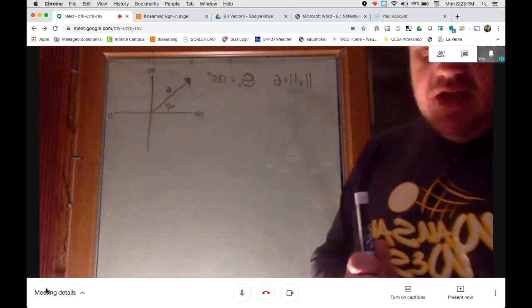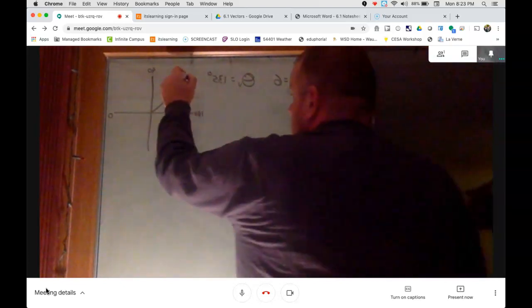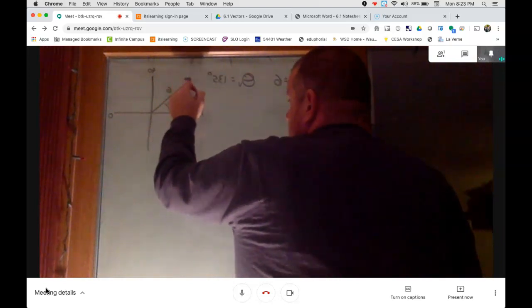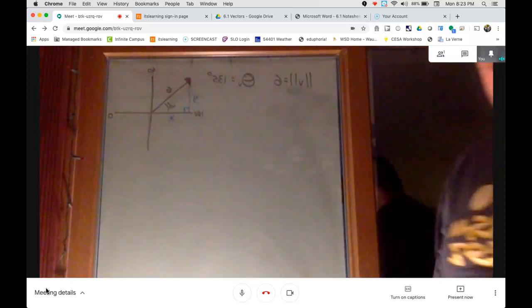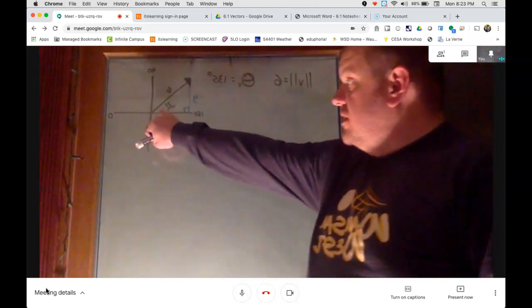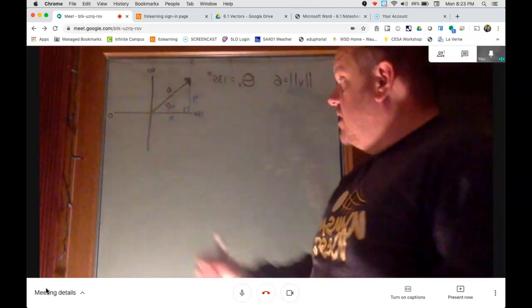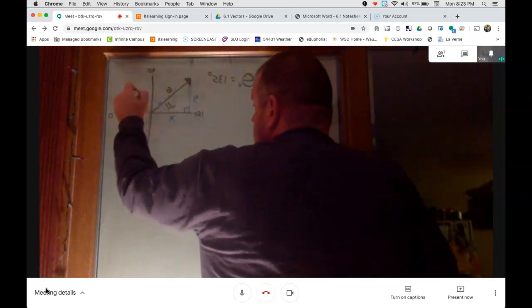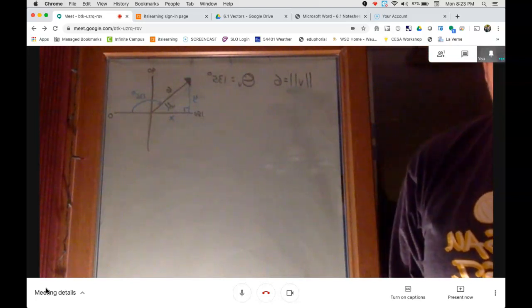I need to find vector V in component form. Well, if I make my right triangle, I know this angle down here is 45 degrees because this whole angle here was 135 degrees. So that leaves me with 45 in there.